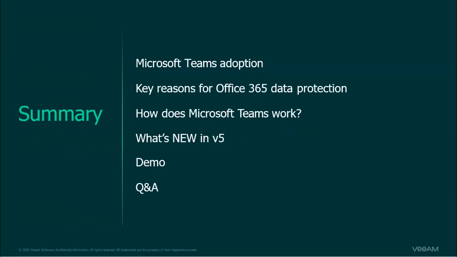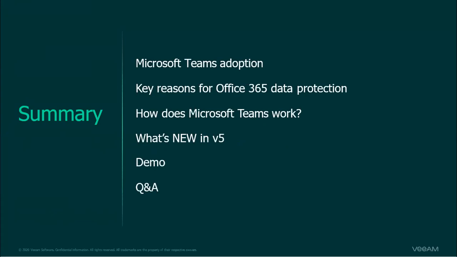As far as today's agenda goes, just to give you a summary, the key takeaways would be: how does Microsoft Teams adoption work in Veeam Backup for Office 365, and what are the key reasons why we need to protect Office 365 data? I know most of you are already aware of it, but let's have a recap. How does Microsoft Teams work?